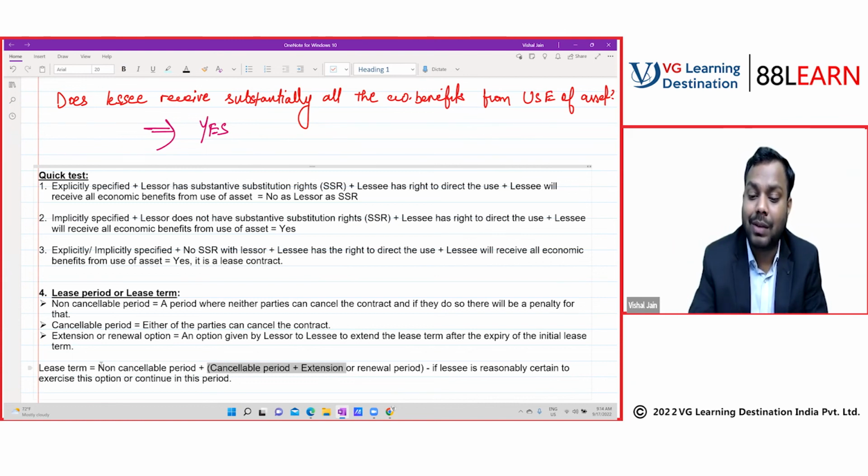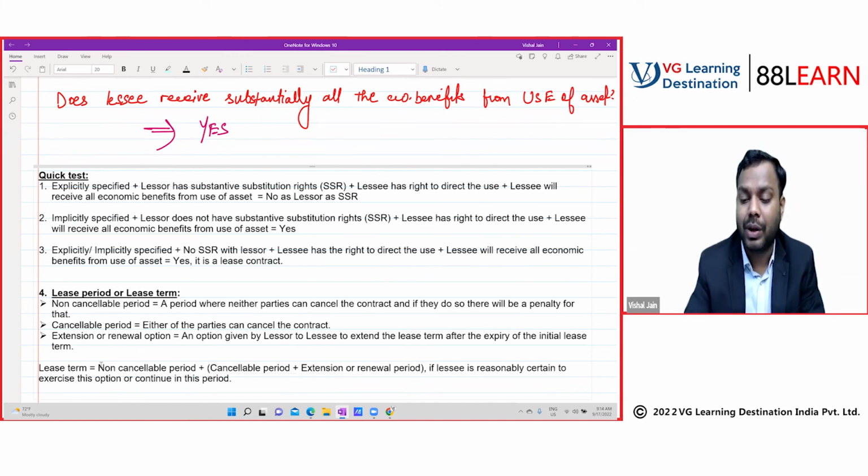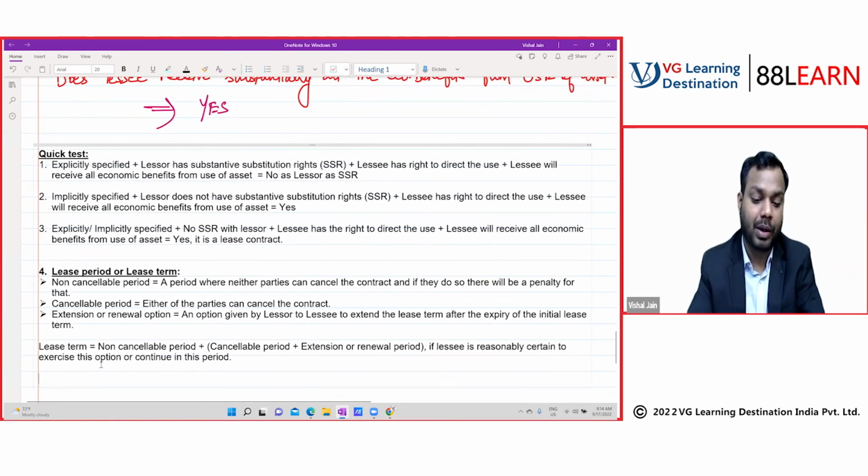Right? So we include this in the lease period only if the lessee is reasonably certain to exercise the option or continue this period. Now the question that comes up is, what is the meaning of reasonably certain?